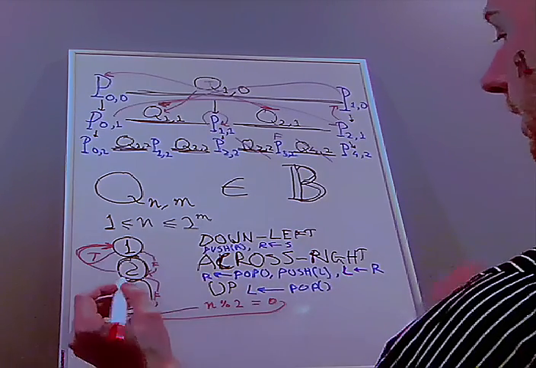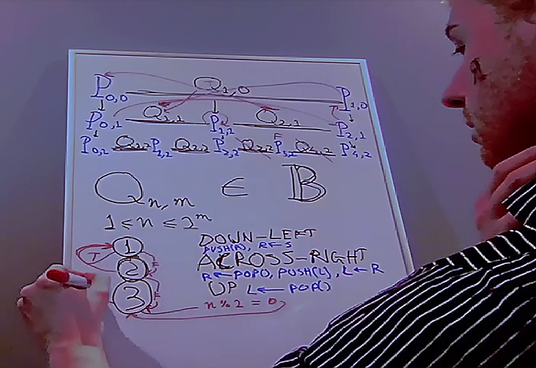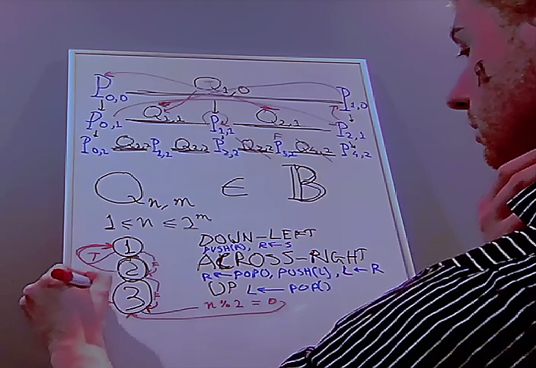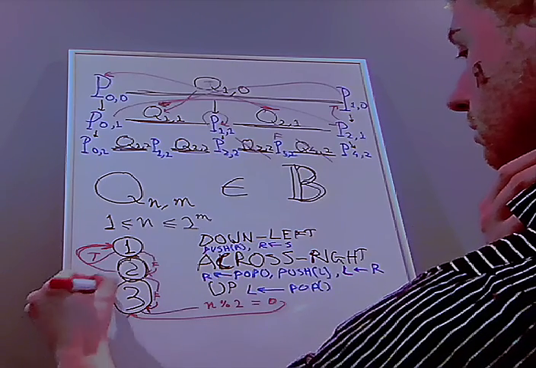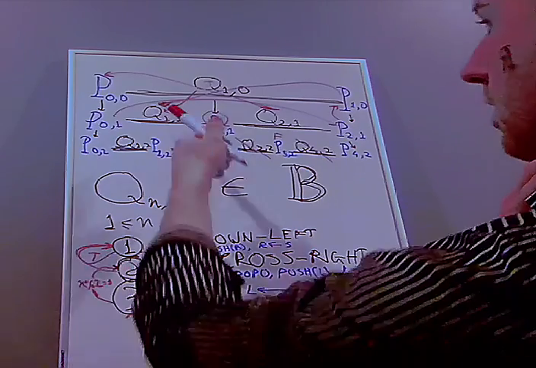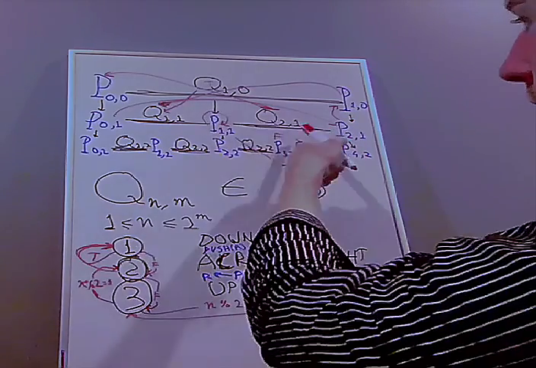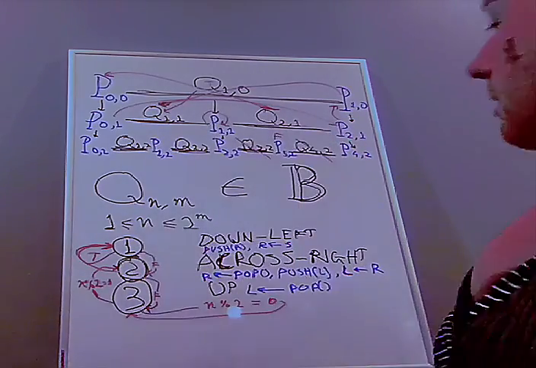Then we know that if n mod 2 equals 1, then we need to go across right. So we've come back up to there and we need to find out that situation.